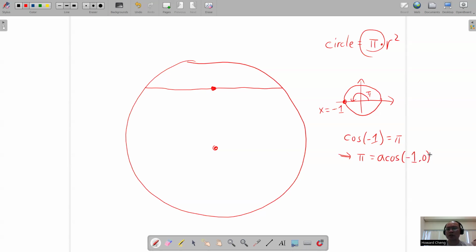So in C++, you can just ask for acos of -1, and that will give you pi. Okay, that's the easiest way to get pi. In newer versions of C++, this is a predefined constant, but not in C++17, which is what's supported in Kattis. Okay, so you can get the area of the circle.